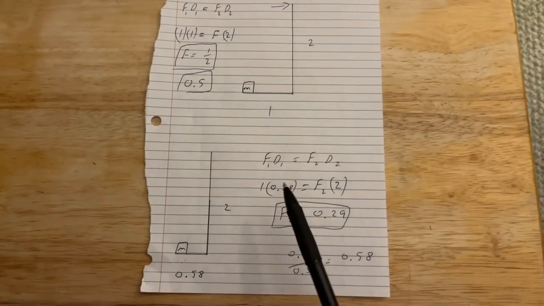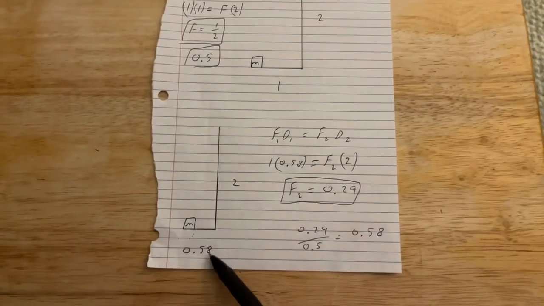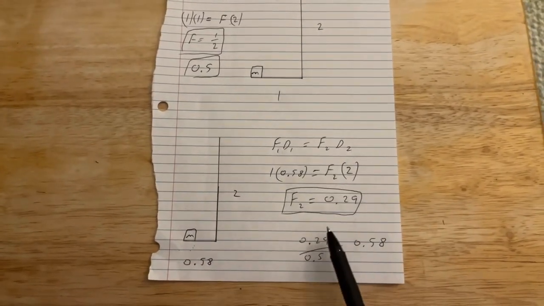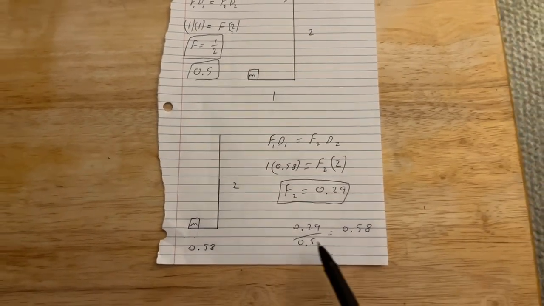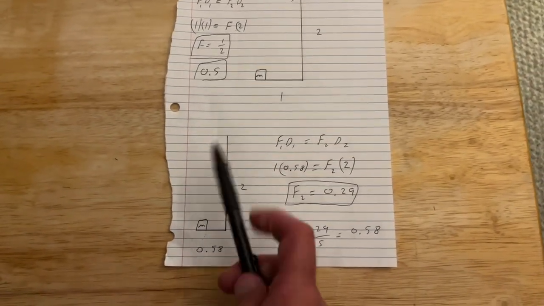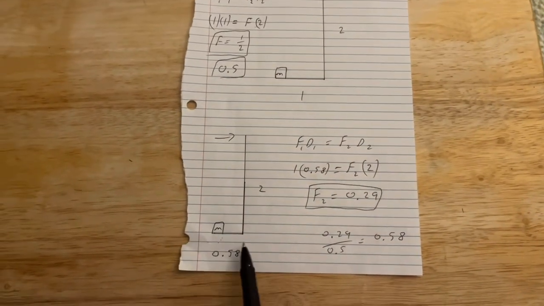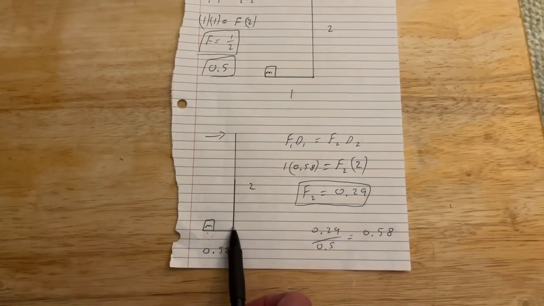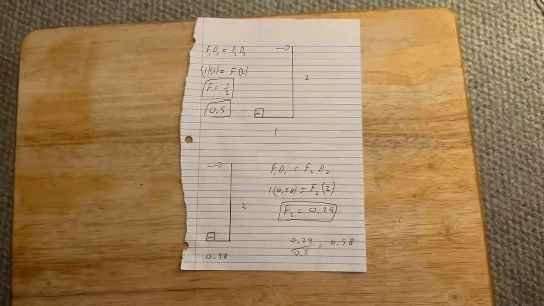So it's obvious, I think, initially that this is 58% of that, but you can also do the math here. 0.29 divided by 0.5 equals 58%. So this will tip. This only requires 58% of the force on this lever to tip, so that this mass gets over the fulcrum and will tip over.